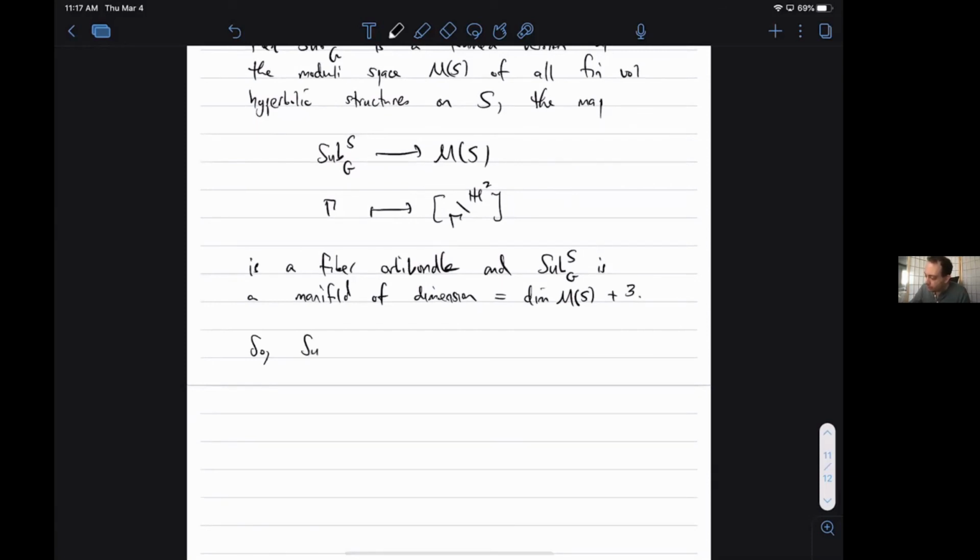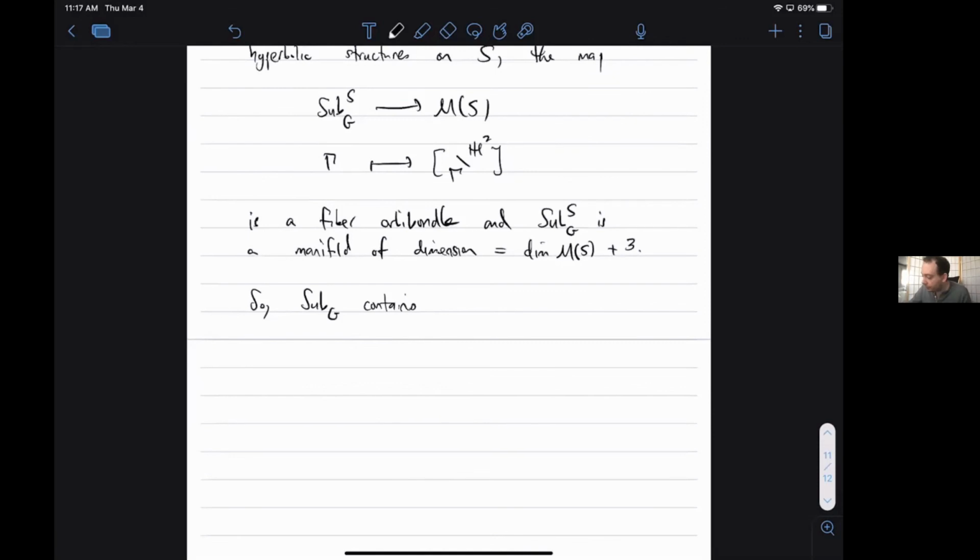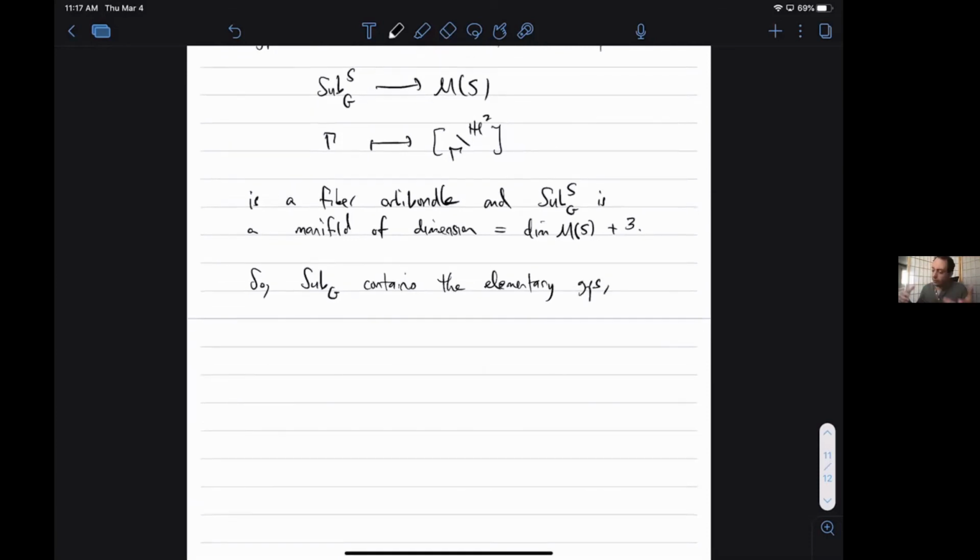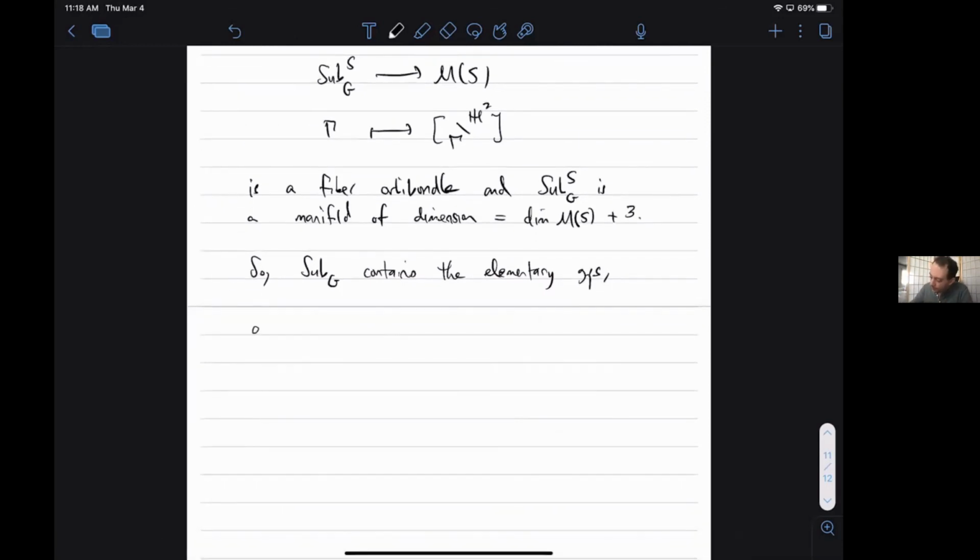Okay, and so here is G. What does G look like then? It contains the elementary groups. The way you should think about it is you have this easily understood subset of elementary groups, and all these infinitely many finite dimensional framed moduli spaces G_S.